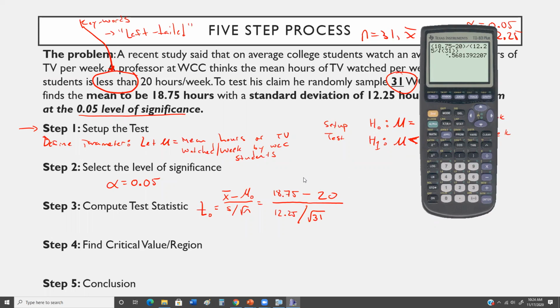How many people got that number right there? Yep. Okay, so for these test statistics, let's go out 3 decimal places. Or 4, it doesn't matter. So it's minus 0.568.